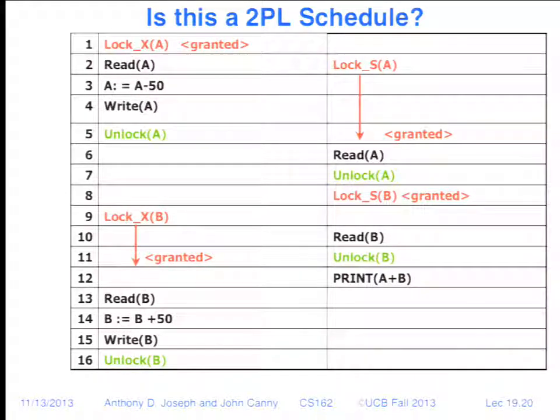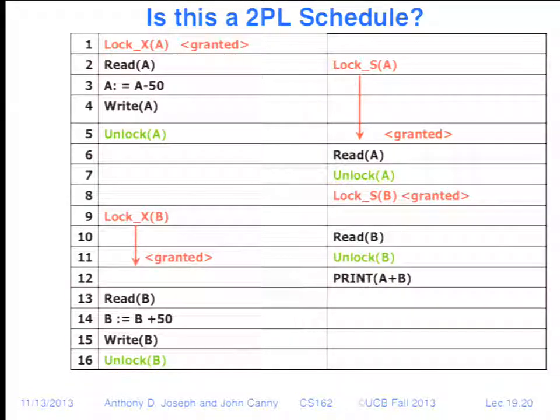Why is it not a two-phase lock schedule? We're not allowed to release locks until we've acquired all the locks that we're going to acquire. So we shouldn't have unlocked A here. We could have held it until here, legally.